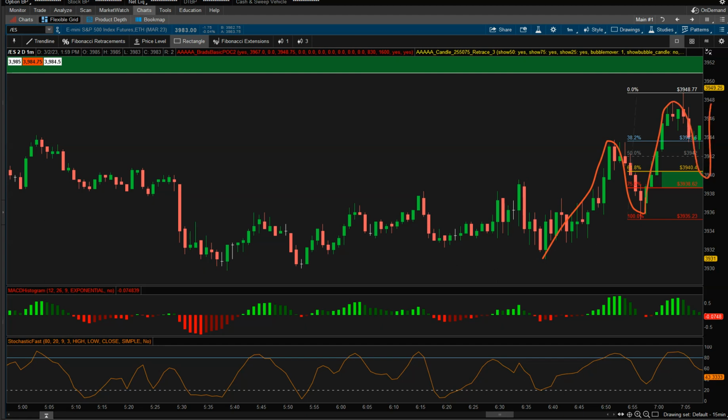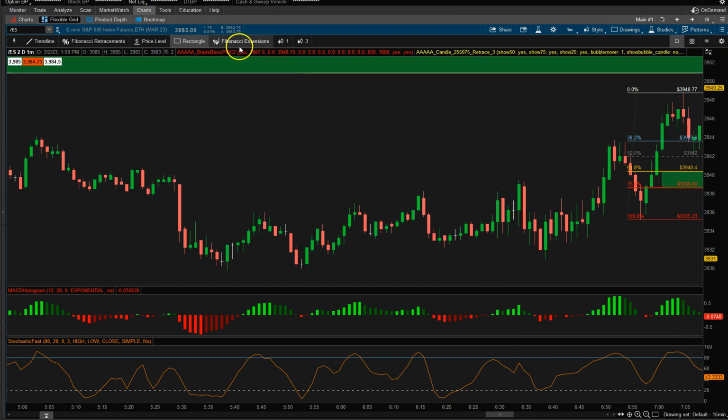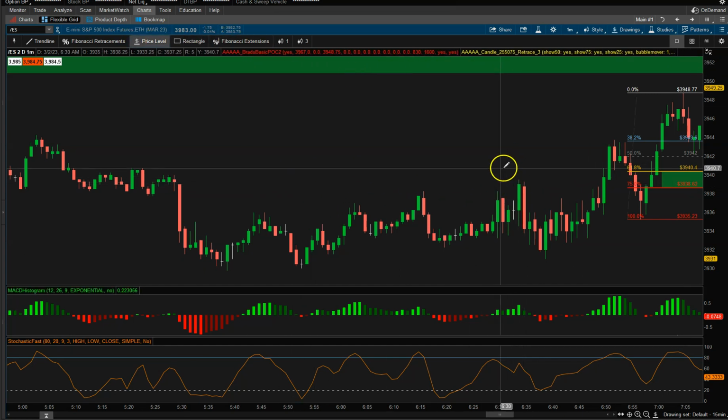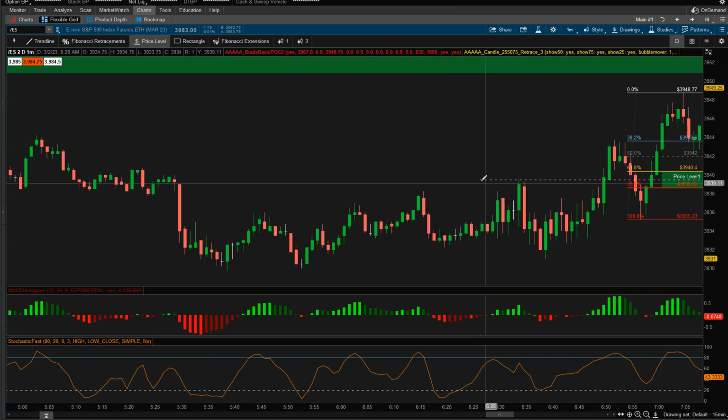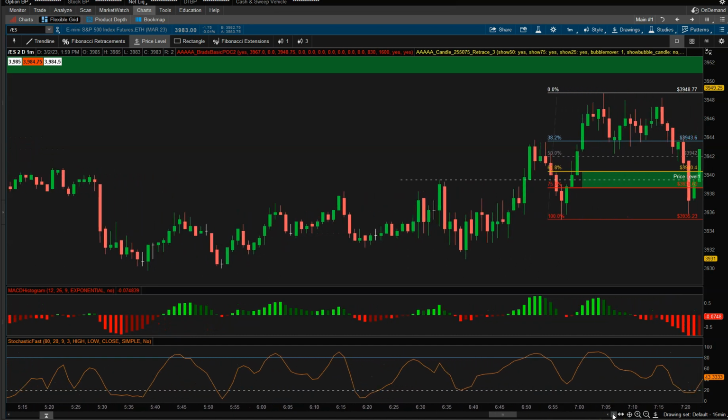Maybe we pull back, come up, and then go higher. So I'd be looking for a buy, and I probably would look for a buy right around these prior highs. We break out from here, churn, bounce around, come back up. So let's see what price does.